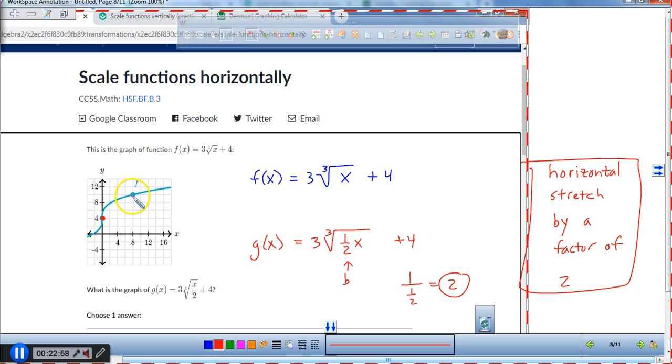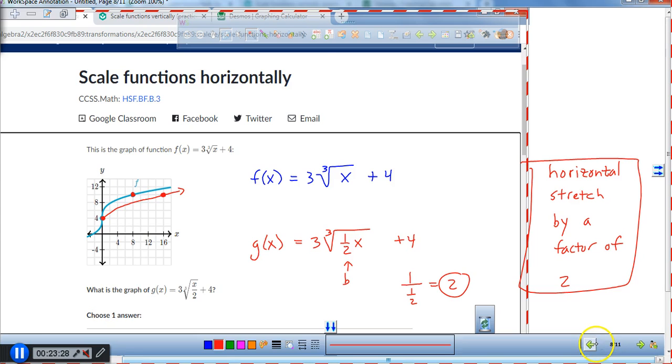But over here, I have a value at 8. If I multiply that by 2, then that dot is going to move from there right over there. So I'm going to look for a graph that follows this pattern and goes up. Same y value at 10, but it's going to be at 16 versus 8, because we're horizontally stretching it by a factor of 2.